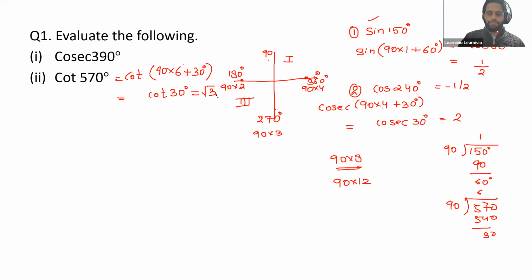Okay, I hope this is clear to everyone. Please try this one, tan for 480 degree. Okay, please do this and share your answer.